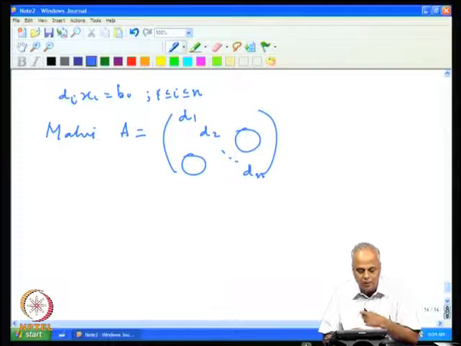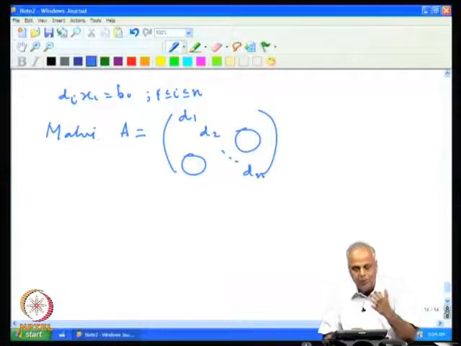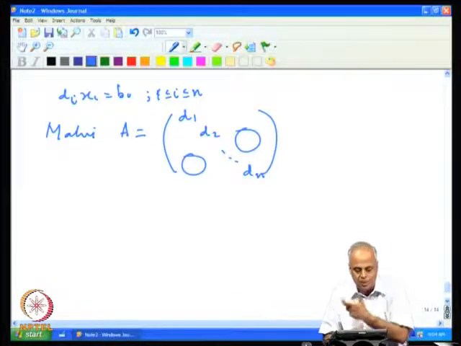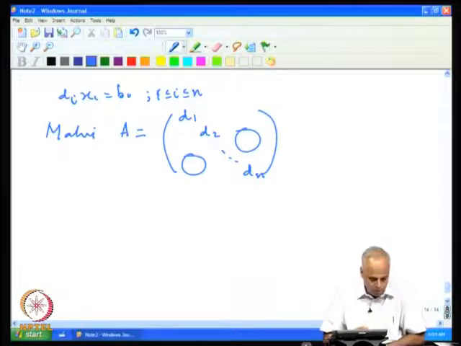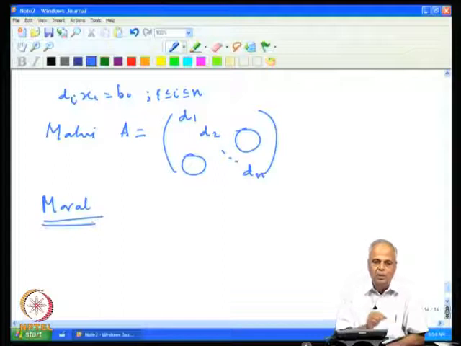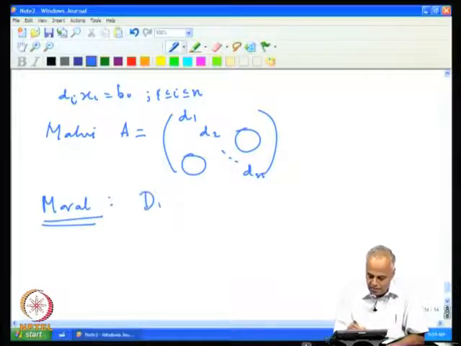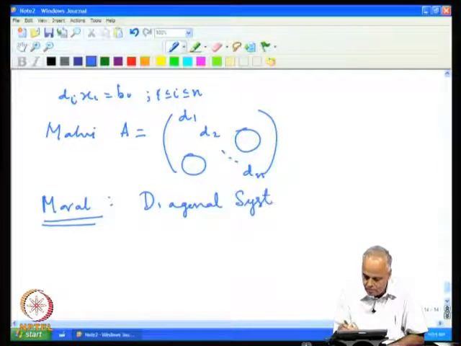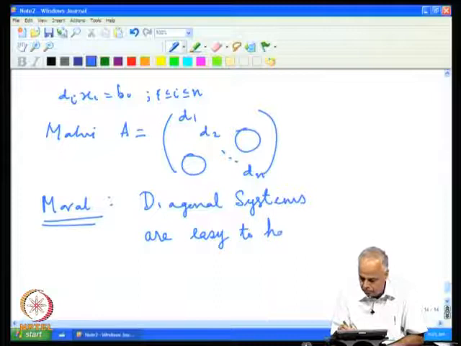Similarly, the coefficient in the second equation is d2 and all others are 0, and so on, and therefore the coefficient matrix is a diagonal matrix. So, the moral of our discussion for such a special easy system is that diagonal systems are easy to handle.